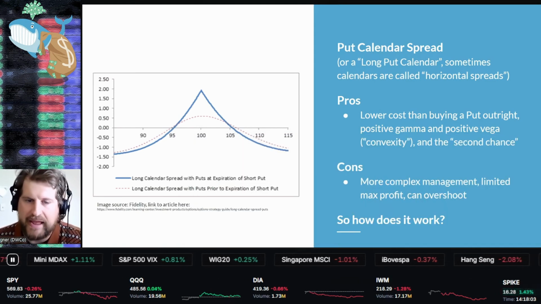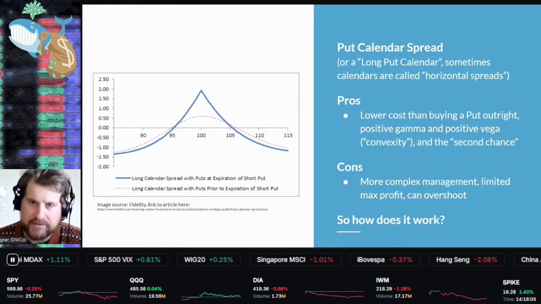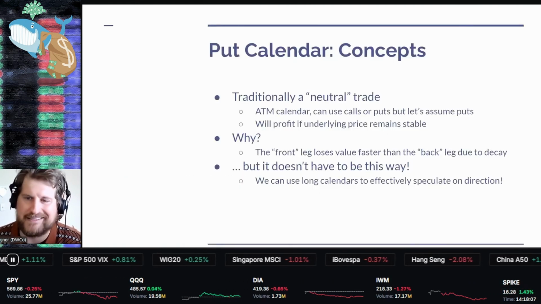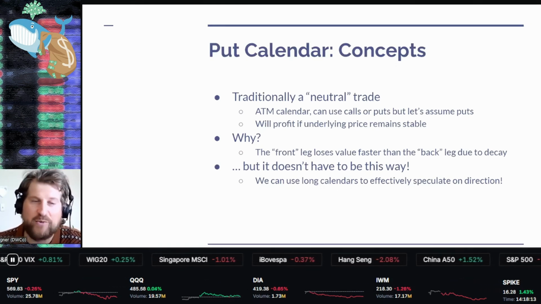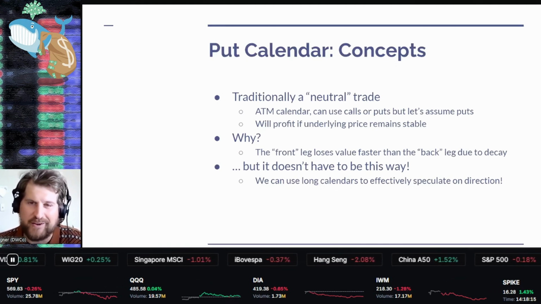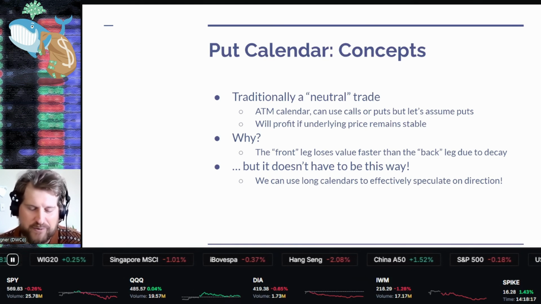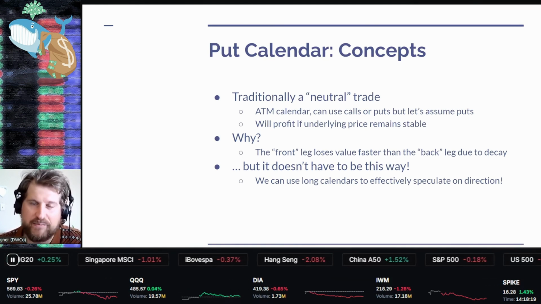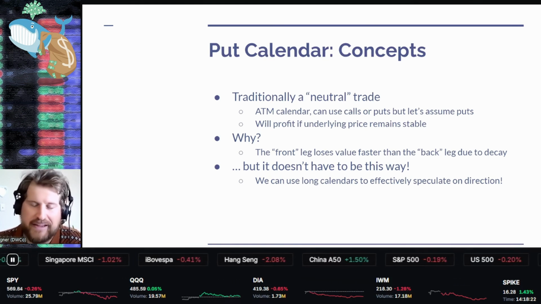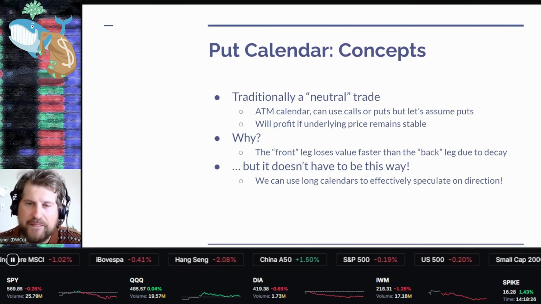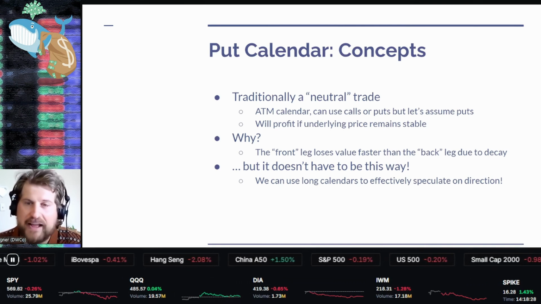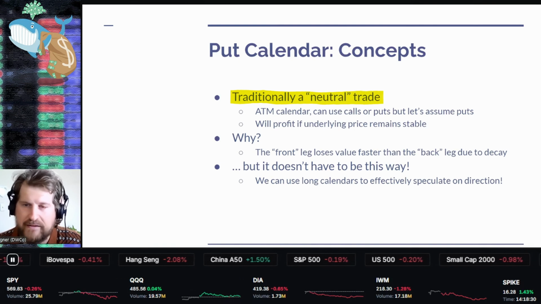Let's go ahead and talk about some calendar spread concepts here. I think this is really important, and I want this to be your number one takeaway from our little intro to calendar spread concepts and prices. Traditionally, everywhere that I've seen calendar spreads taught, they're classified as a neutral trade.